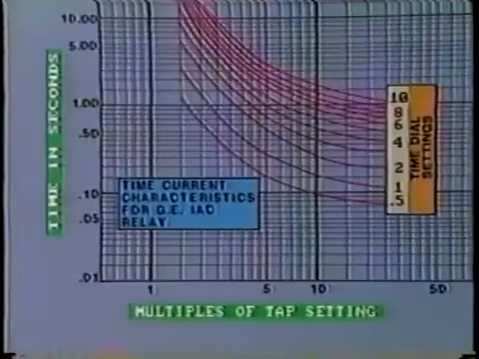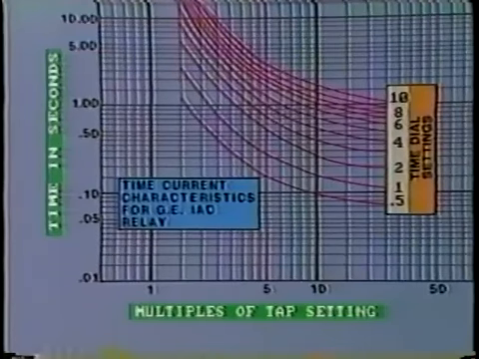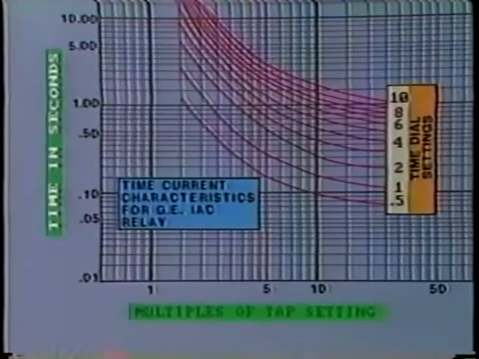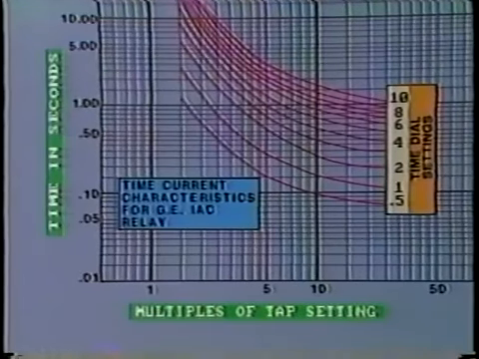This is the well-known inverse time characteristic as shown by this family of curves. The time for contact closure is shown on the vertical axis, plotted for different values of relay operating current. The higher the level of fault current, the quicker the operation of the relay.